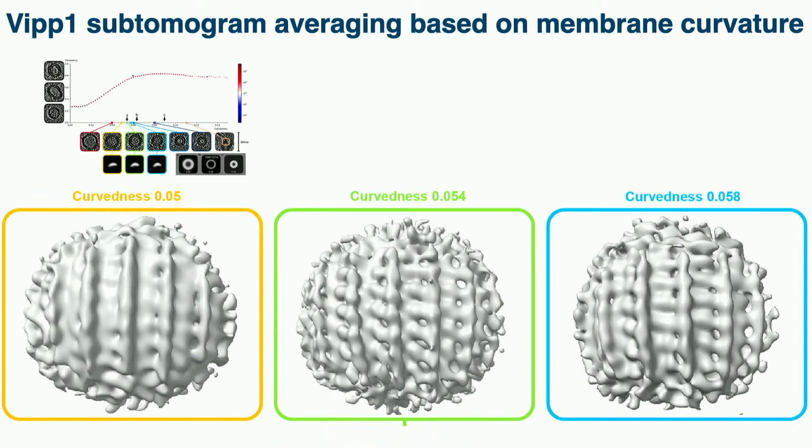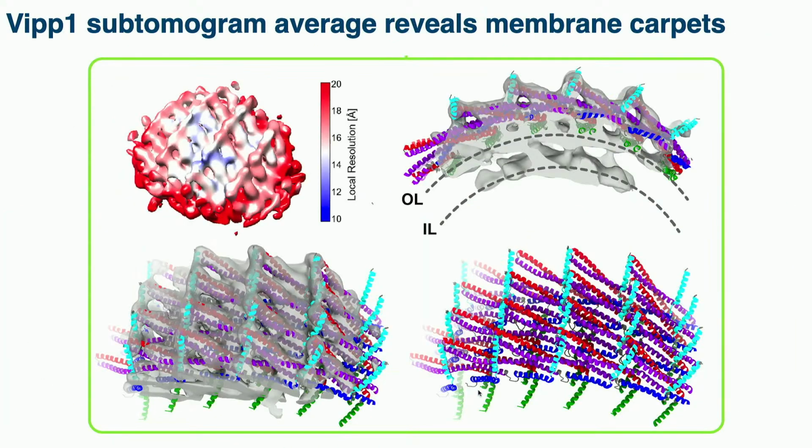And then we went on to calculate some of the subtomograms for the highly curved membranes. Although this is not the type of 7 angstrom resolution, it's still on the order of 20-ish, and it allows us basically to fit a model.